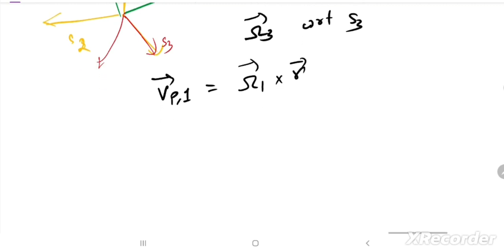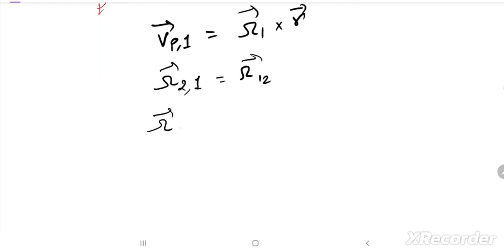Now suppose with respect to any other frame. Now considering S2 frame, suppose omega vector of S2 with respect to 1 is given as omega 2 1 vector, and omega vector of third frame with respect to second frame is given as omega 3 2 vector.